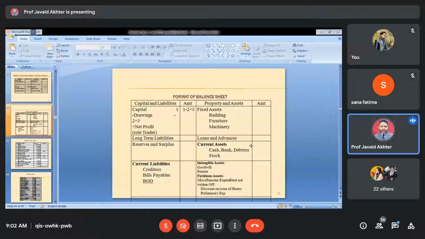You can search the website of any company and you will find its balance sheet and profit and loss account. It would give you a better idea. You will have a feel of how a real balance sheet looks. So if you have any question up to this stage, kindly seek a clarification. Otherwise, I'll move on to explaining the next part.